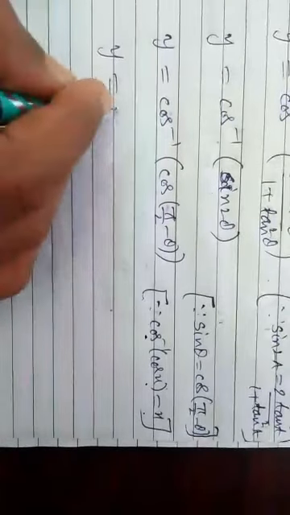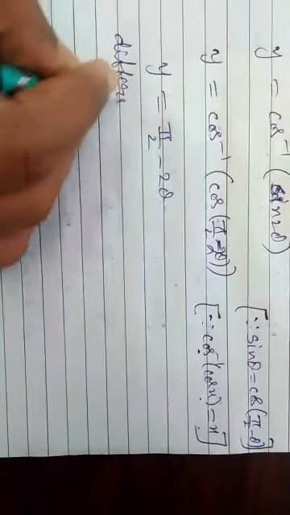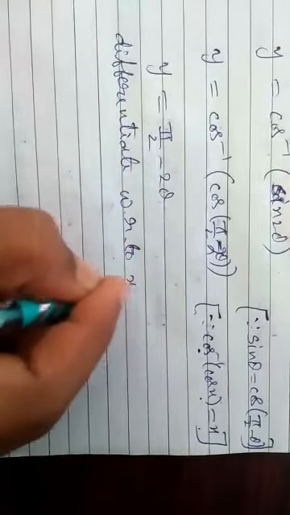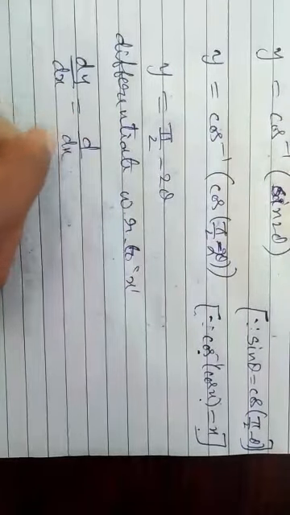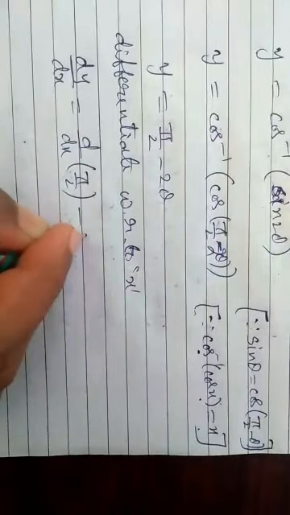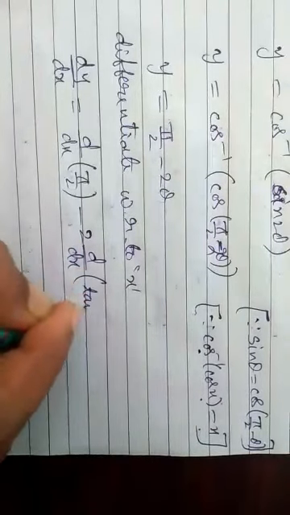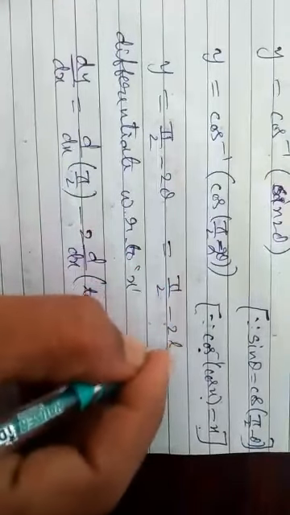By that, y is equal to pi by 2 minus 2 theta. Sorry guys, pi by 2 minus 2 theta. And differentiate with respect to x. dy by dx is equal to d by dx of pi by 2 minus 2 into d by dx of tan inverse x, because this is pi by 2 minus 2 tan inverse x only.